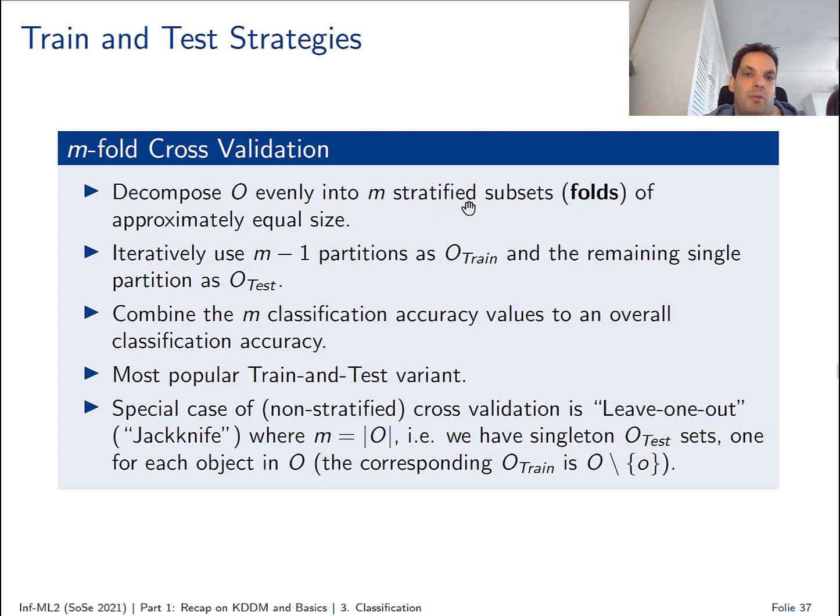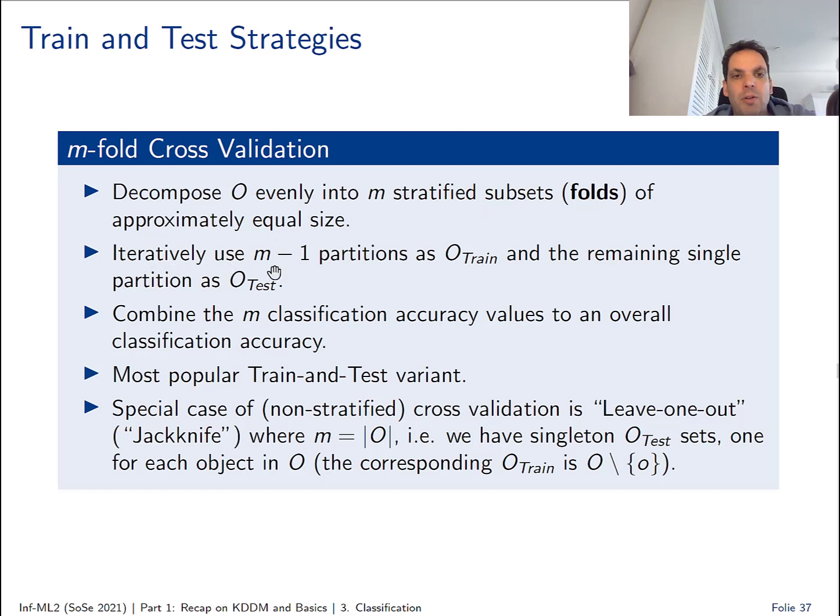For example, if we have a two-class problem with 50% class A and 50% class B in the labeled set, then all the folds should also have a 50-50 distribution between A and B. And the folds should have approximately equal size.